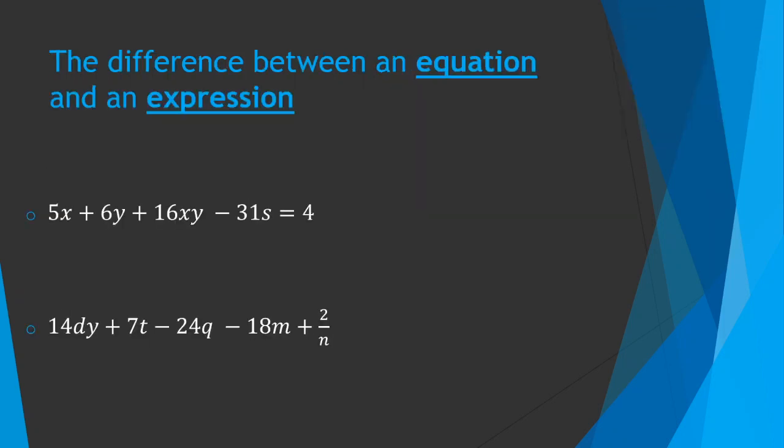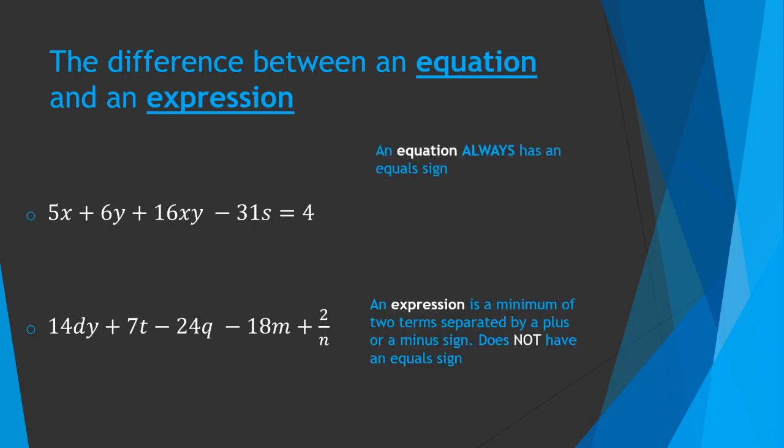The difference between an equation and an expression is simply the equal sign. So if you look at the two definitions here, an equation always has an equal sign. On the left-hand side of the equal sign, there are a few terms. On the right-hand side, there is a term. Now that doesn't mean there always has to be one term on the right and 4 on the left.